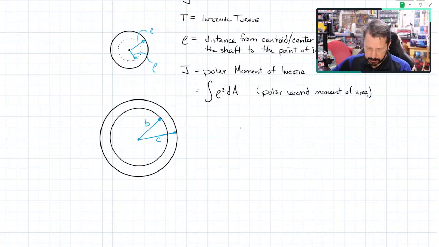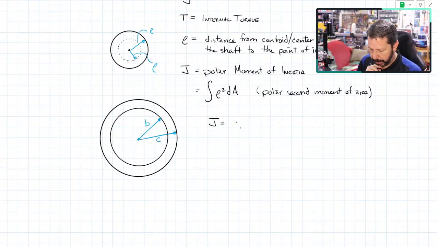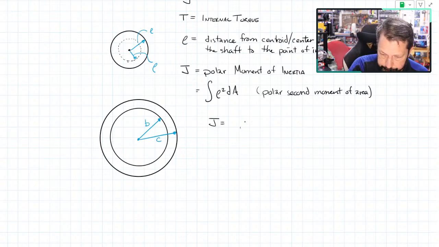Since we are going to limit the shafts that we're dealing with to either solid round shafts or round tubes, so one or the other, then J for us will always be pi over 2 times c to the fourth minus b to the fourth.